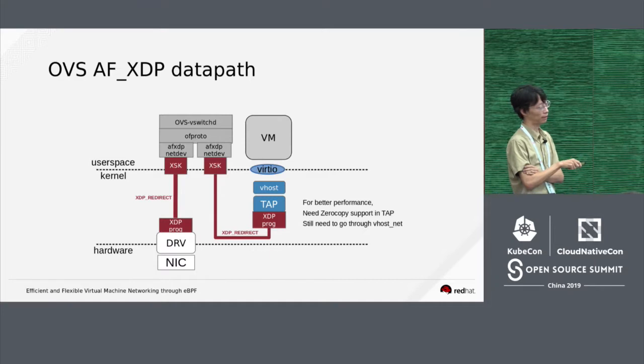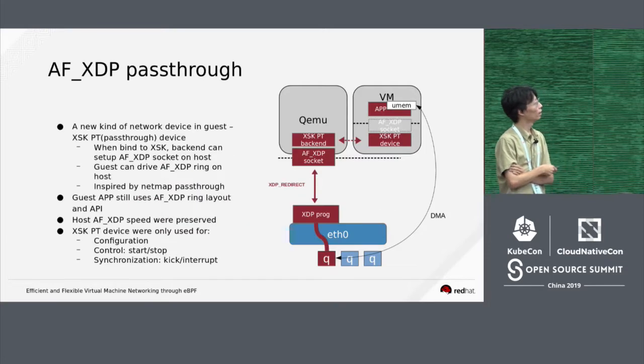And if you attach it to the physical NIC, we can see this data path for the NIC. But you can see there are a lot of issues here. You can use vhost-user to have a highly efficient route. If you want to go to the kernel, you need to realize the zero copy of the tap.